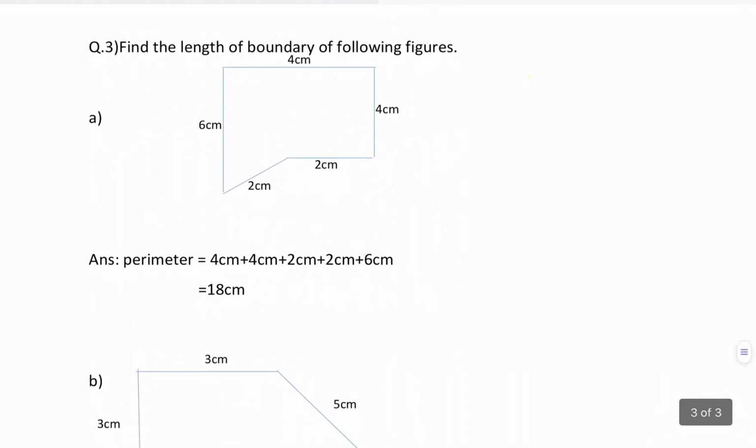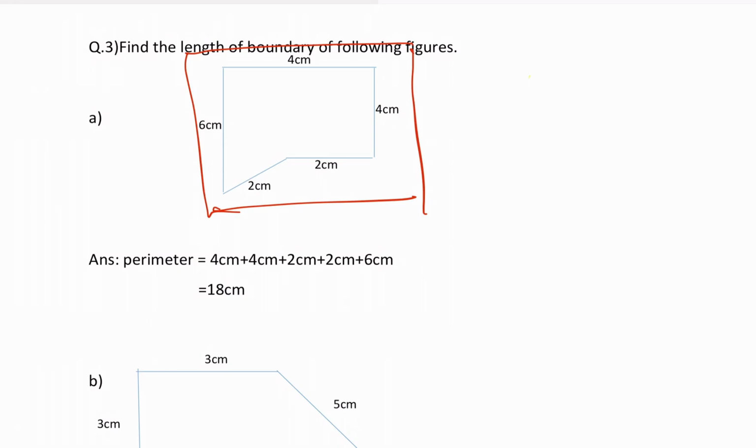Come on, next point. This is the irregular shape. Irregular shape means the shape which has irregular lengths of sides is known as an irregular shape. You can see in this picture, one side is 6 centimeter, another side is 4 centimeter, next is 4 centimeter, and after that two sides are equal, of 2 centimeter.